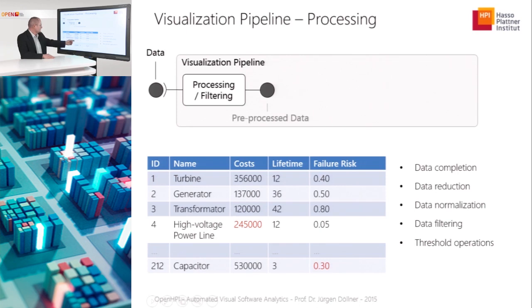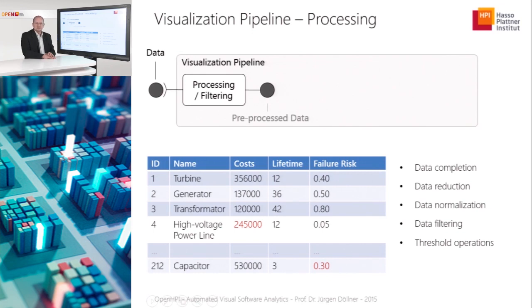For example, this number was multiplied and the percentage was expressed in a different scale and range, in a numeric range. In general, processing and filtering includes tasks such as data completion, data reduction, data normalization, general data filtering, and threshold operations.